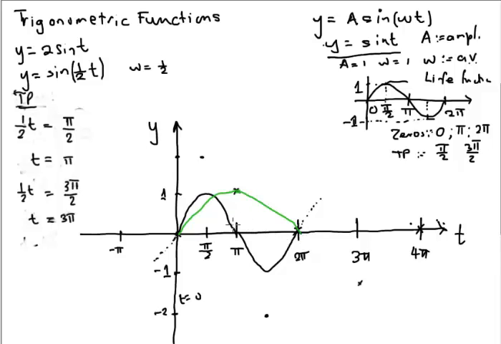Right. Something which I have not mentioned. If we start from 0 up to 2 pi, we say we've completed one cycle. But look at this. This one, from 0 to 2 pi, has actually completed half a cycle. Why?